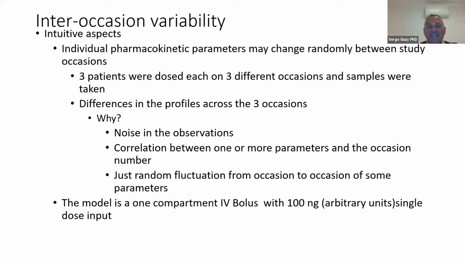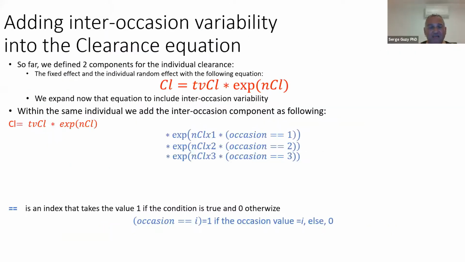Same thing for the inter-occasion variability. NCLX1 is a sample from a distribution that has a mean of 0 and a variance that the program is going to estimate, and it is going to change from occasion to occasion within the same individual.